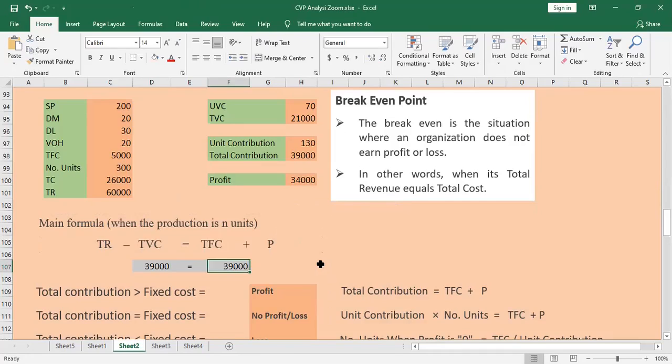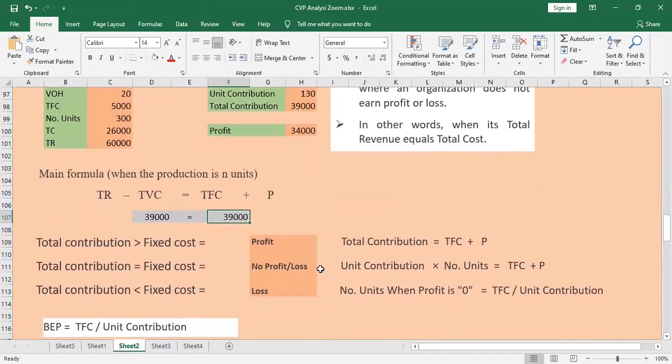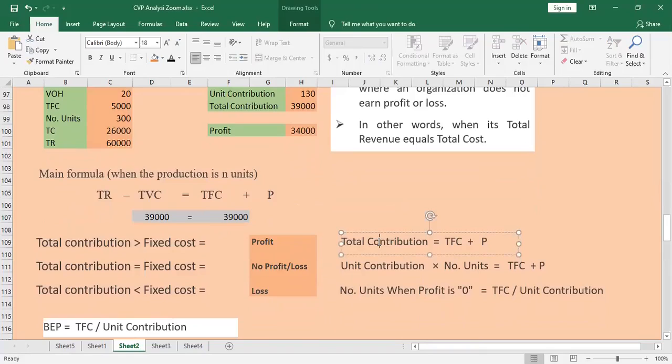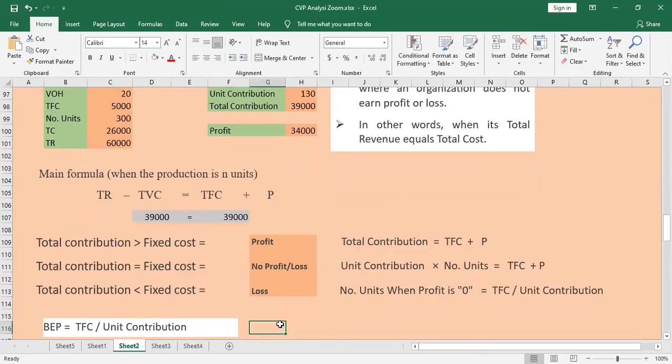Now let me move into this idea. If you look at this relationship here, you can see that when the total contribution is more than the fixed cost, you are making profits.